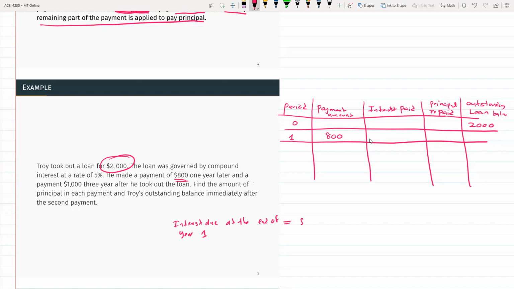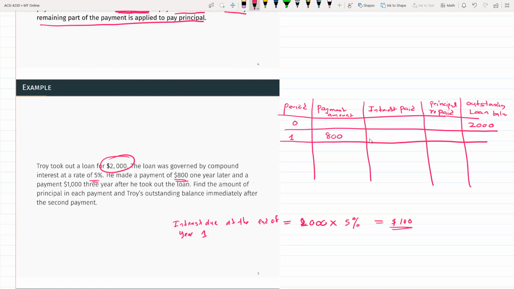That's going to be 2,000 times the rate. The rate is 5%, the annual effective rate. So that's going to be $100.